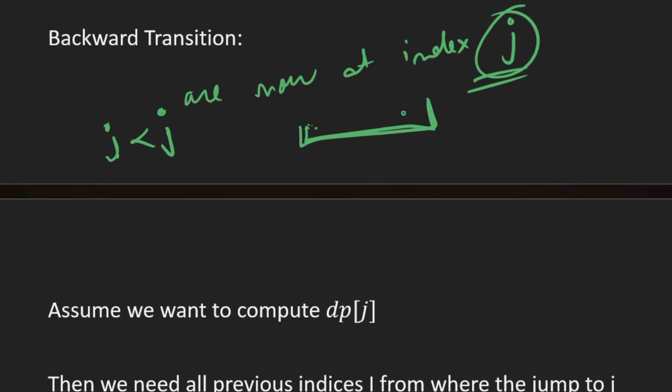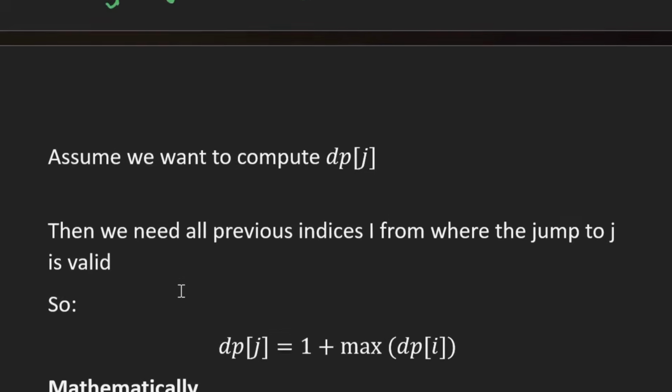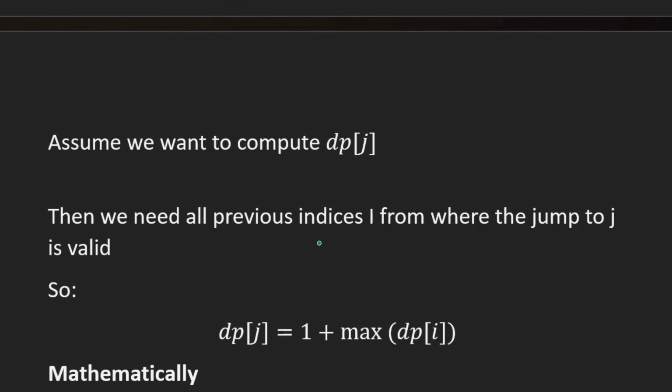From those indexes we can come to j. We scan all the previous indexes i such that from those indexes we can come to j, and then from there we jump to j.